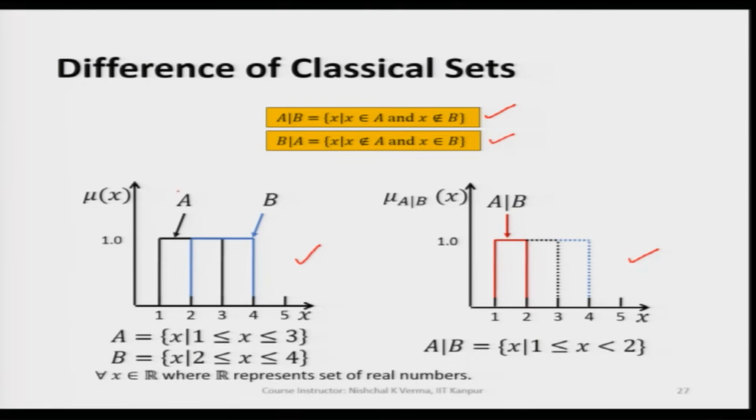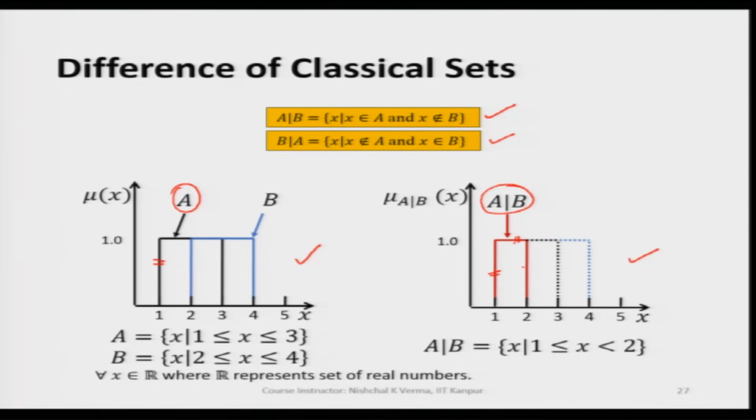So, A is this set which is shown by the black line, the black color, and B is another classical set which is shown by the blue color. If we are interested in finding A difference B, we first represent it by A oblique B, and then if we apply the condition that was mentioned, we get only this portion.